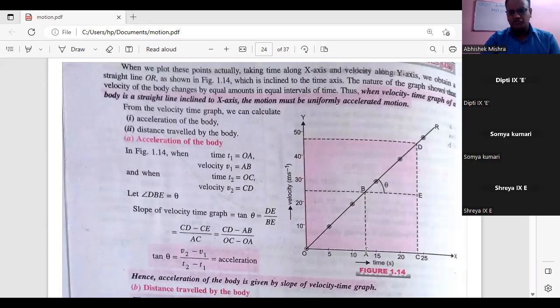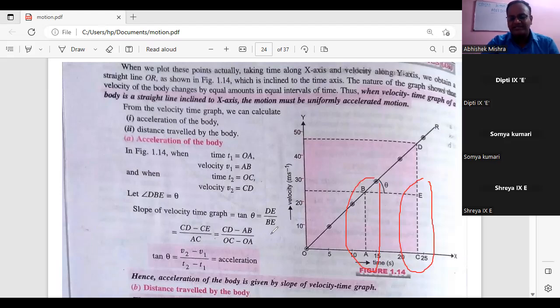Now see, CE, can we say CE is equal to AB? Yes or no? Yes, sir. And AC we know is OC minus OA.